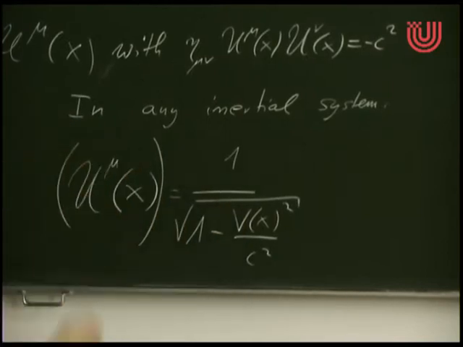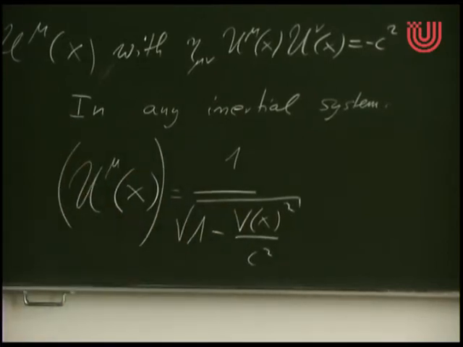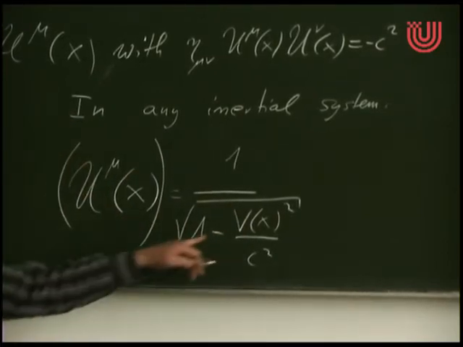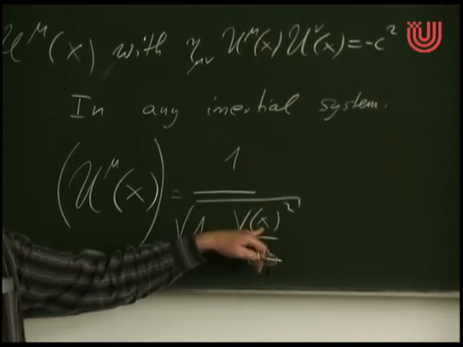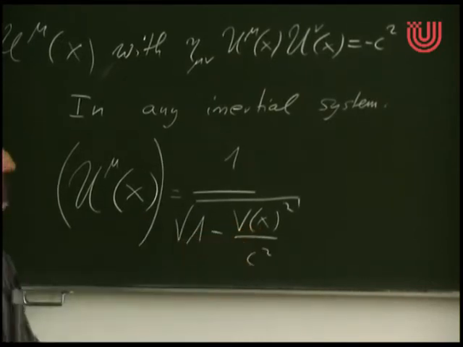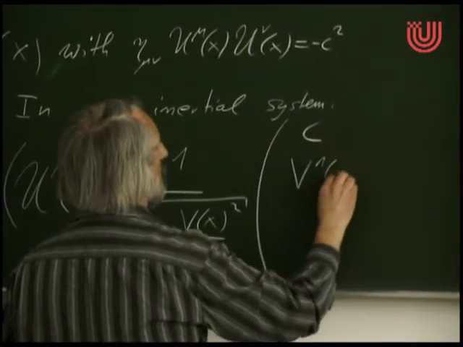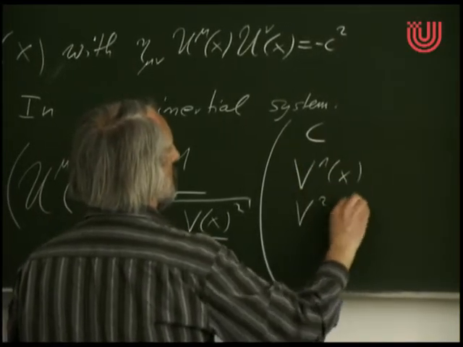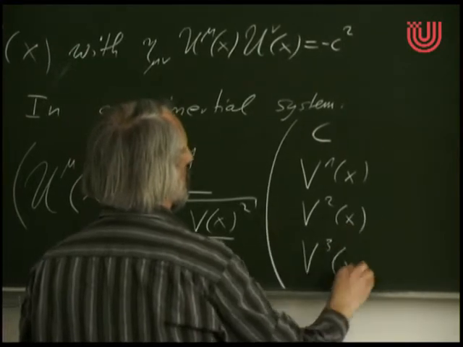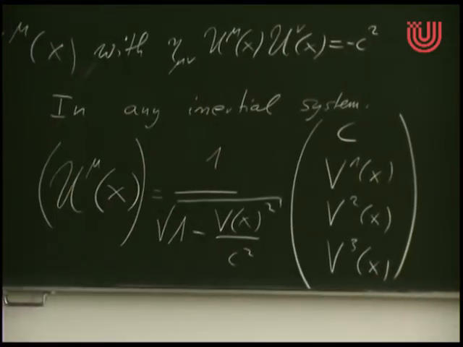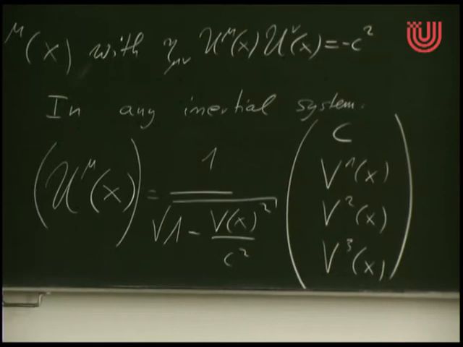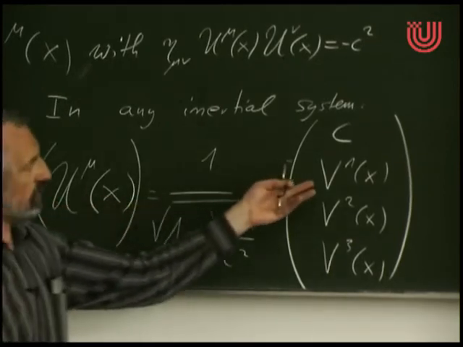But apart from this difference, it has exactly the same expression as the forward velocity always has. So the 3 velocity v is now, of course, also a function of all 4 coordinates. In traditional notation, this means it depends on time and on x, y, and z. And the components are, as you hopefully remember, c, v1 of x, v2 of x, v3 of x. So this gives me the relation of my forward velocity field u mu with the traditional 3 velocity.